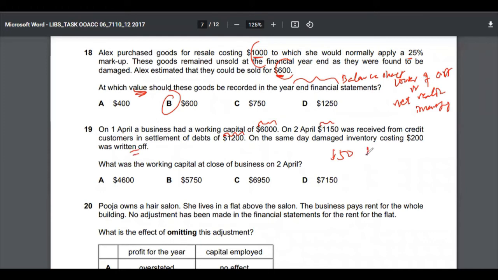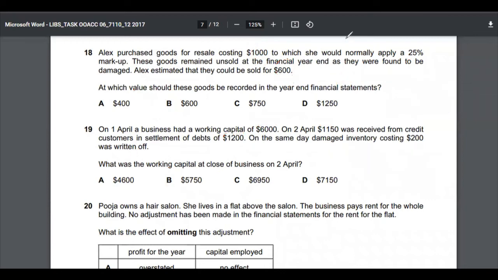So again, your working capital is going to go down by $200 and $50 at the same time, right? So the total value would be $250 down, basically. The business lost $250, right? So 6,000 minus 250 will actually give me 5,750. So the answer to multiple choice 19 is going to be option B.